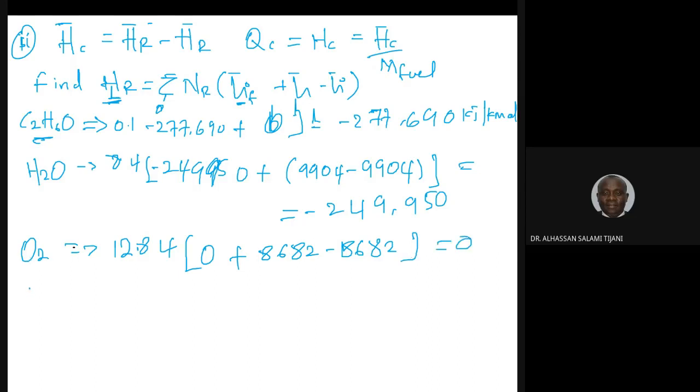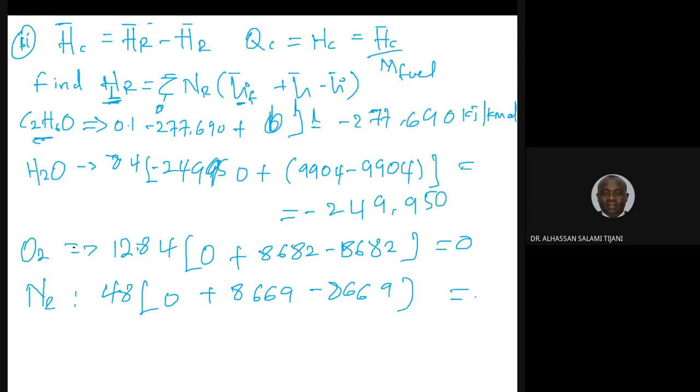Then for nitrogen, we have 48 moles of nitrogen. So the enthalpy of formation of nitrogen is 0, plus the enthalpy at the given state, 8669 minus 8669.